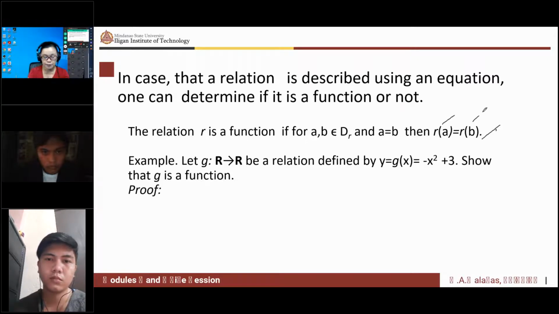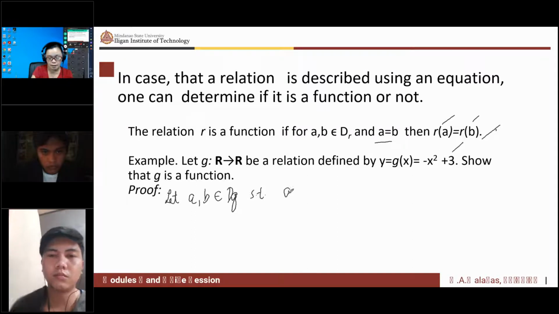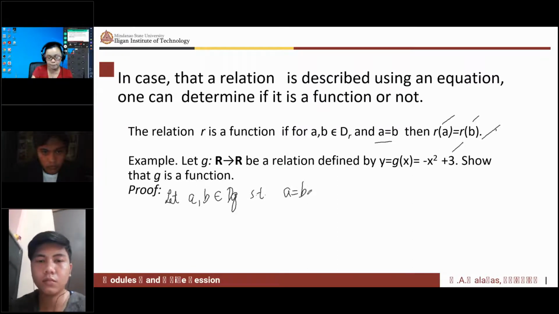So for example, let G be a relation defined by this equation. Show that G is a function. All you have to do is start from here. Suppose a is in the domain of G such that a is equal to b.